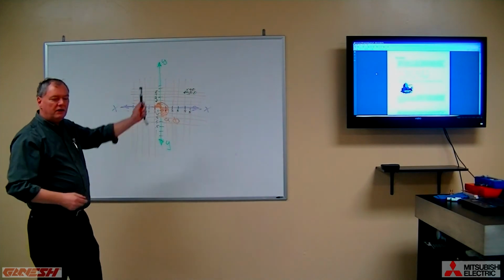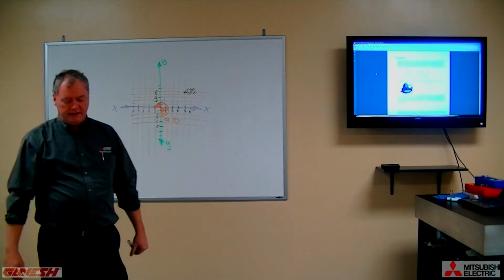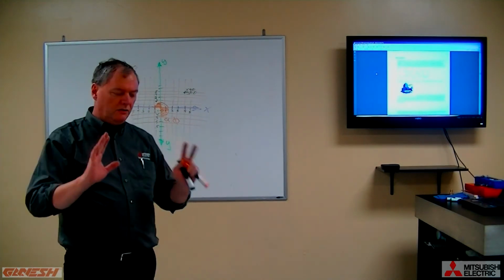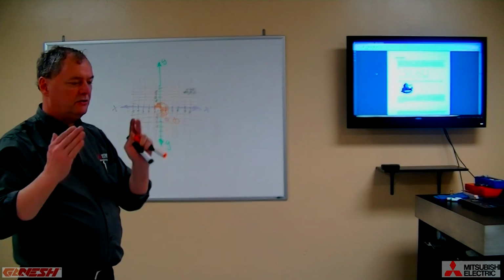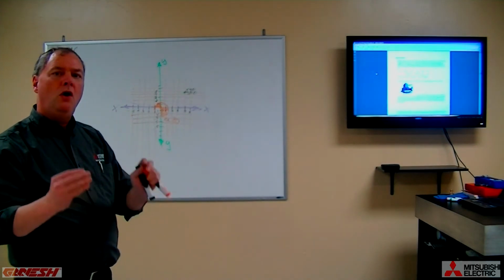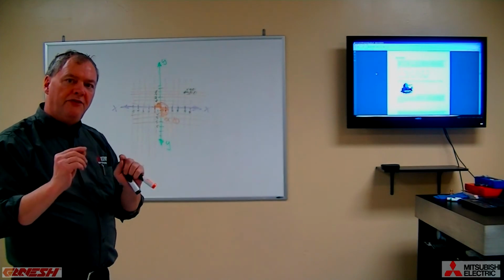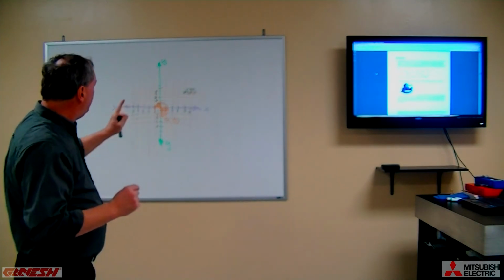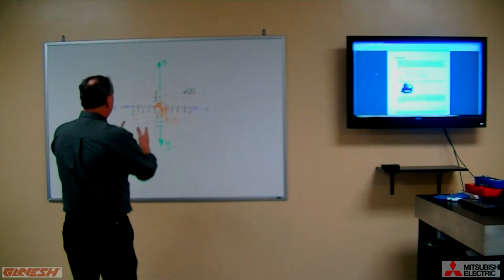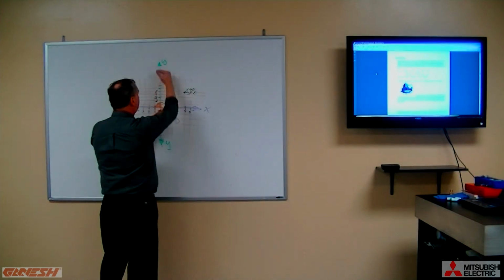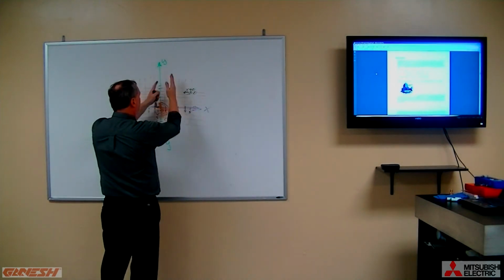I just arbitrarily picked that intersection point right now. Again, the grids can be spaced in terms of inches or millimeters or fractions of an inch. At this point, it's important to simply know that there's some kind of unit on the axes.